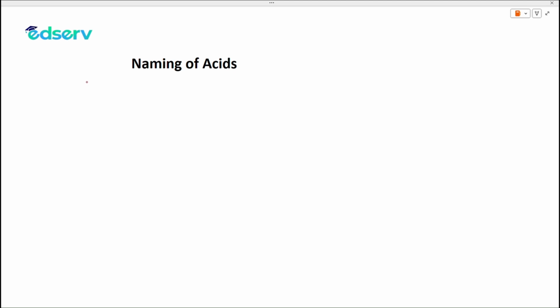Today, we'll be looking into the process of naming of acids. Acids usually are of two different types. One type is called binary acids, and the other is called oxoacids.